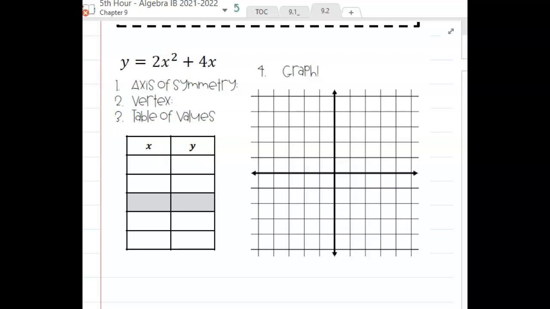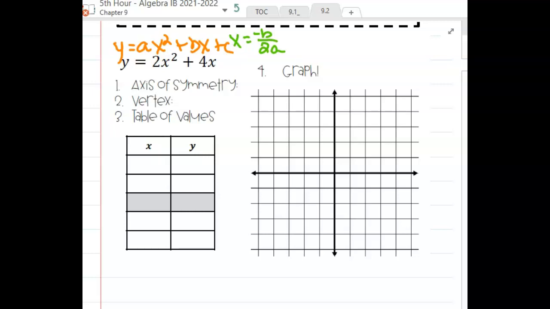To find the axis of symmetry, the formula from above says we are going to take x equals the opposite of b over 2a. Remember, all of these quadratic equations are in the form y equals ax squared plus bx plus c. That's where the a and b come from.